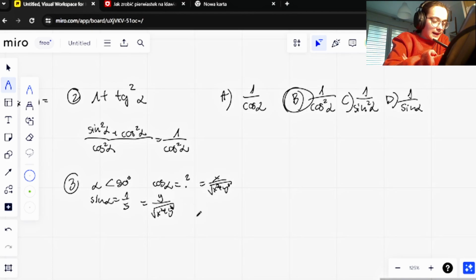Okay, let's have x plus y equals 5y. So x squared is 25, x equals 24y.